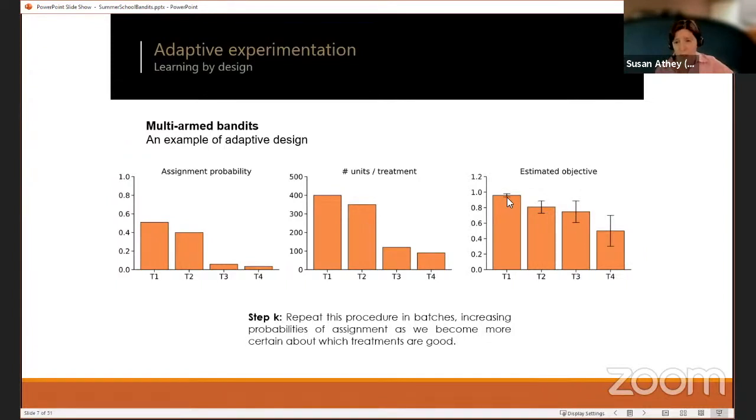So we know quite precisely how good it is. We don't just know that it's good, but we also understand its value very well. While the bad arms, we know they're bad, but we don't really know exactly how valuable they are. So we have wide confidence intervals on the bad arms and tight confidence intervals on the good arms.